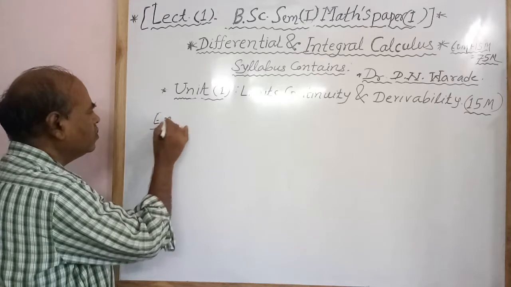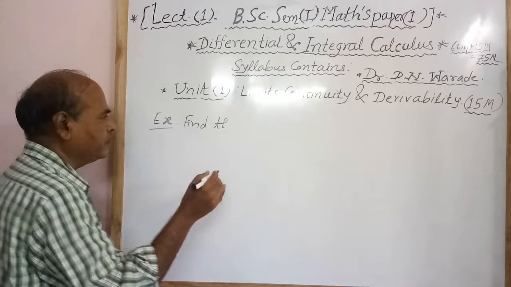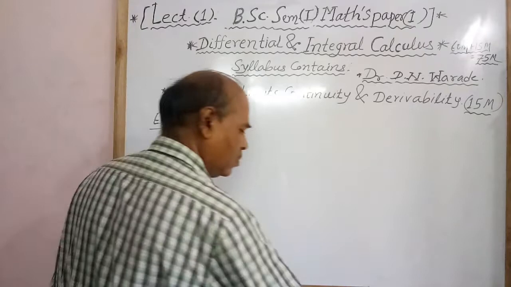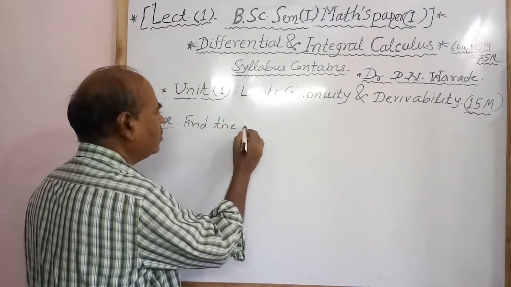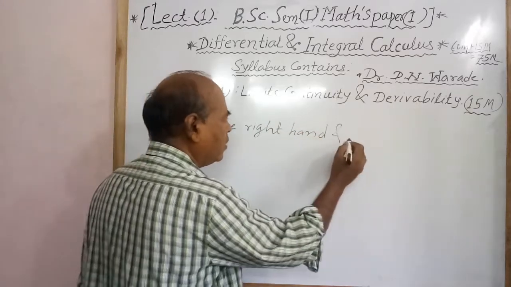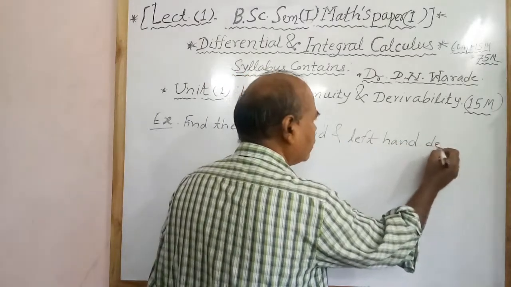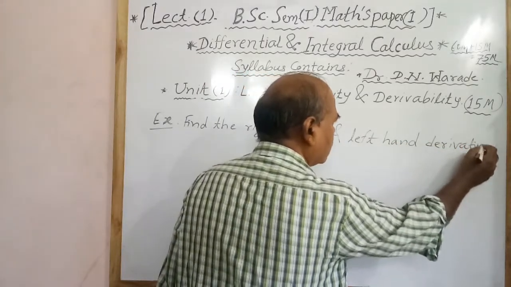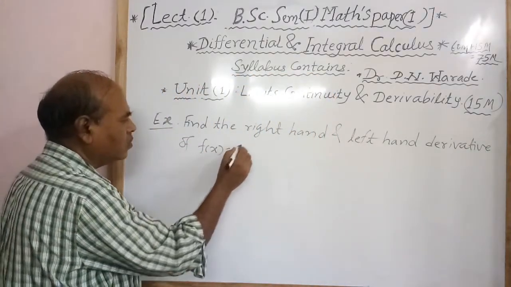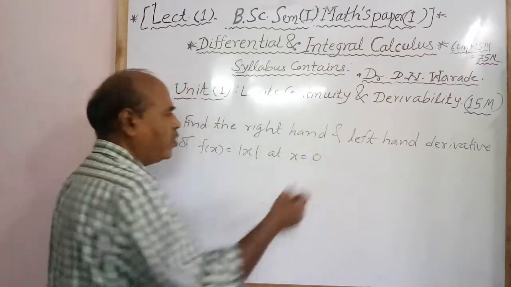Example: find the right hand and left hand derivative of the function f of x equal to mod x at the point x equal to 0.